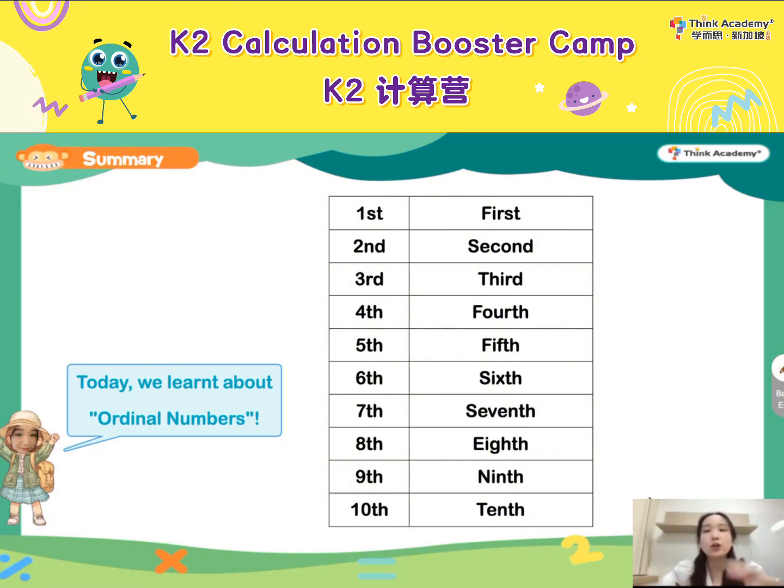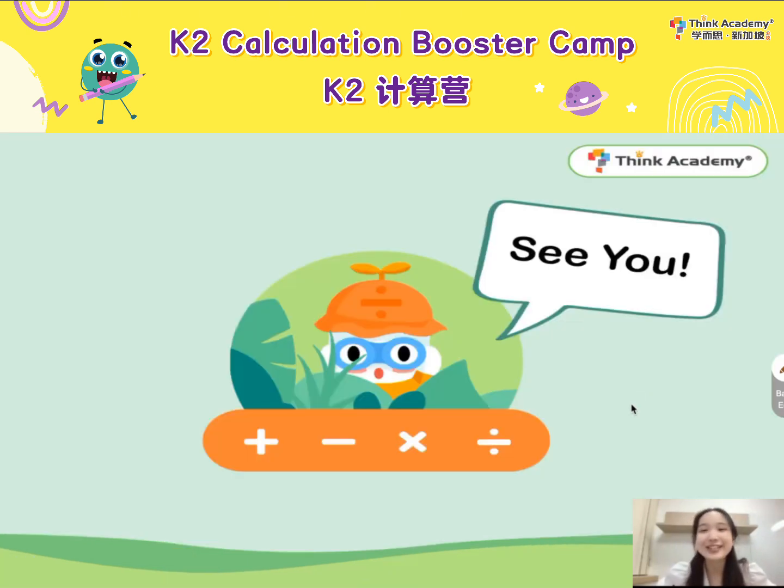And we also learned how to spell ordinal numbers correctly and write their short forms. Okay, so this is all about today's lesson. Just practice more and you will make it. Okay, perfect. See you next time.